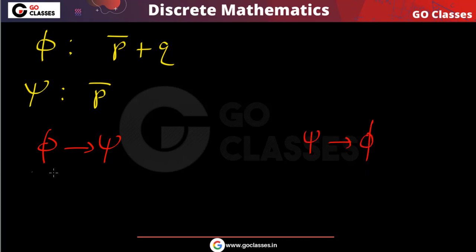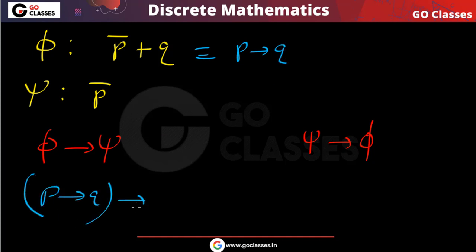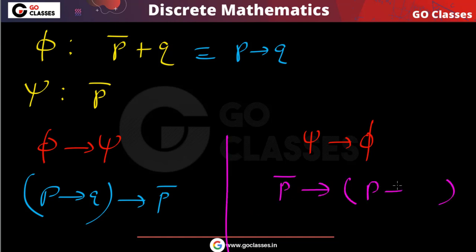Which of them is a tautology? Just check it. p bar or q is the same as p implies q. So, is p implies q implies p bar a tautology? Also check whether p implies q is a tautology.